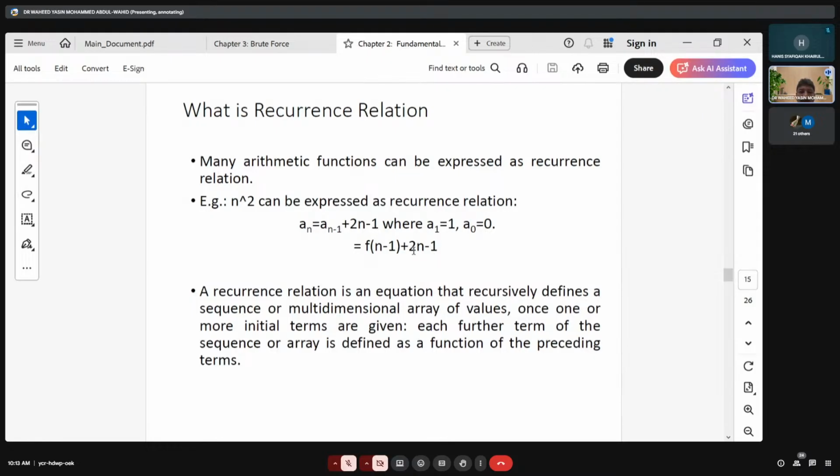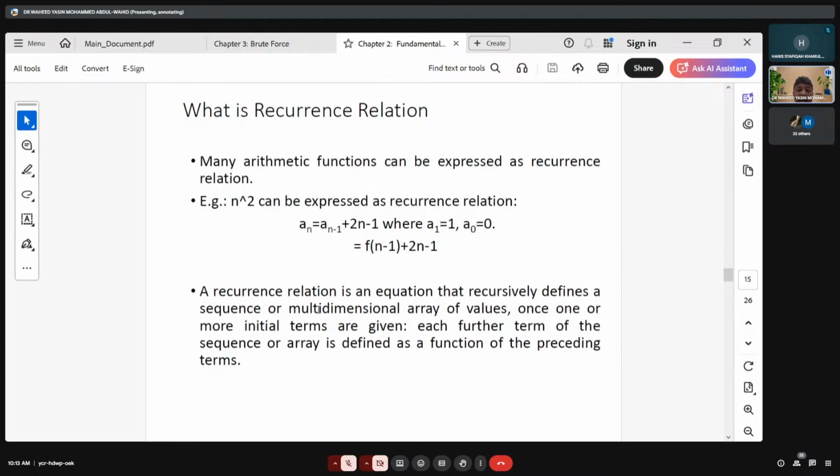Then 5 plus we call this one for 2. 2 will be 1, 1 plus 2n, 1 means 2 minus 1. So here we call it, and we calculate for F(n minus 1), which means call here for recursive.